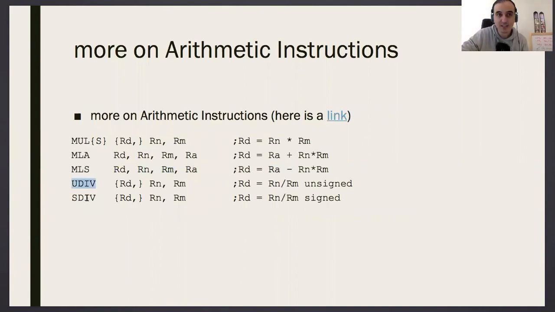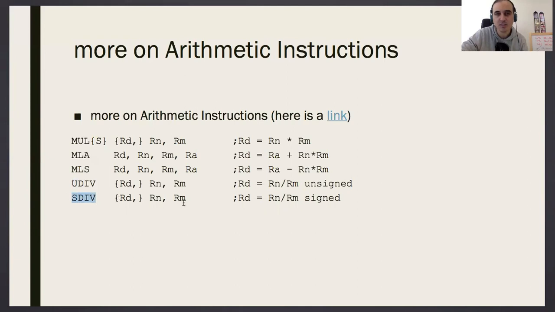Unsigned division, signed division. Be very careful. You are doing a division. The value being signed or unsigned will be important. So if your number is unsigned, you are going to use this instruction because you are telling the code what assumption you have. If your numbers are signed, you are using the signed division.